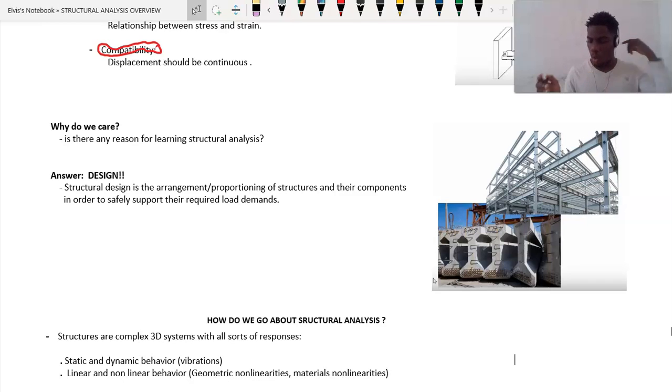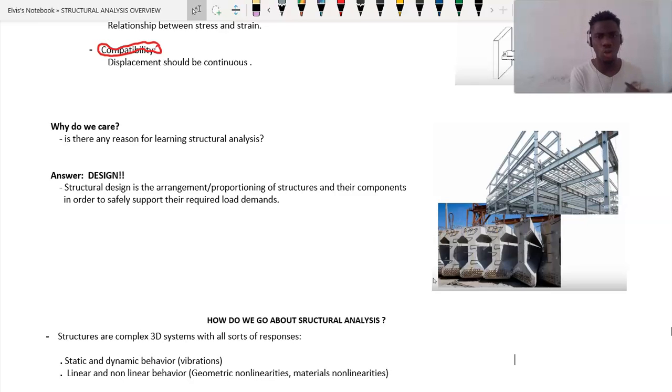We want to be able to determine the size of a beam that is going to withstand the environmental load. So we want to be able to determine the size of beams, the size of columns, and the number of bolts we are going to use for our structures.